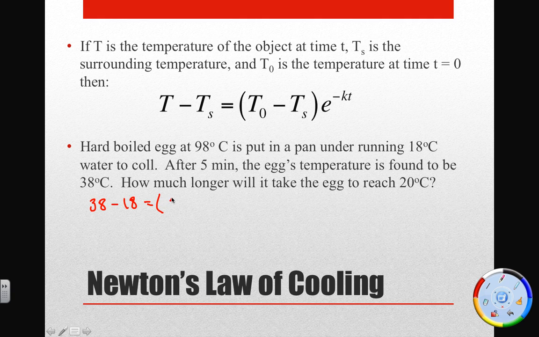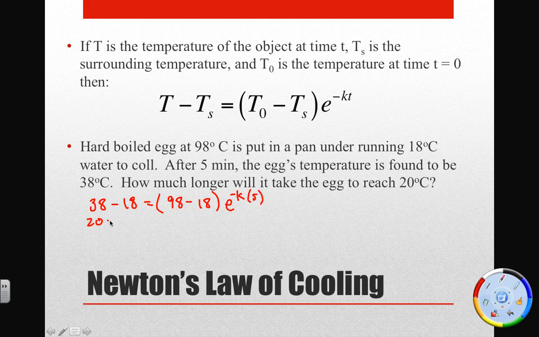The initial temperature is 98, minus again that outside temperature, times e to the negative k times 5. Oh, I miscounted. T sub s is one variable, so it's 1, 2, 3, 4, 5 variables. They gave me 4 pieces of information, but I can't use that 20 degrees yet. Okay, sorry, my fault.